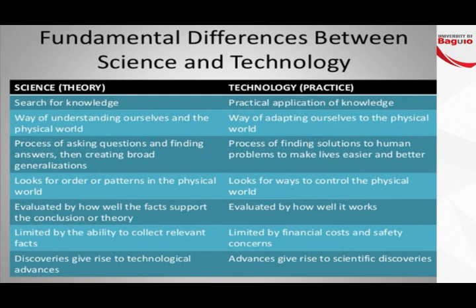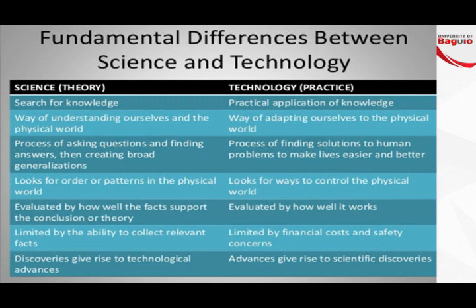So for science, we discovered something, so we can do something to come up with more advanced technologies, or technological advances. But for technology, since we already have advanced technologies, this will give rise to what we call scientific discoveries. We can use this technology or this practice to discover more, scientific discoveries.